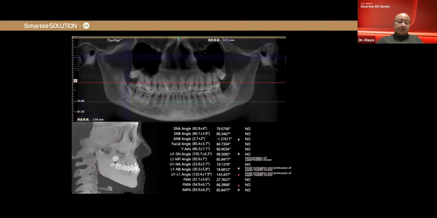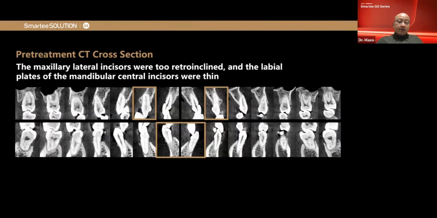And this is the cephalogram and the OPG. The ANB angle is negative 1.2. The pre-treatment CT scan showed that the maxillary lateral incisors were still quite reclined, and the labial plates of the mandibular central incisors were quite thin.